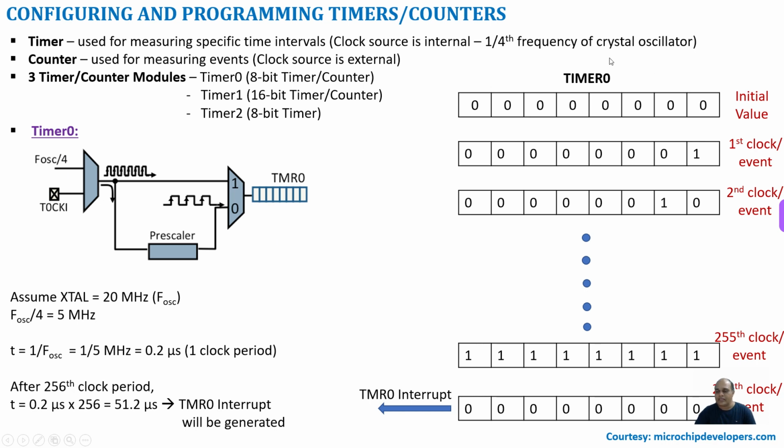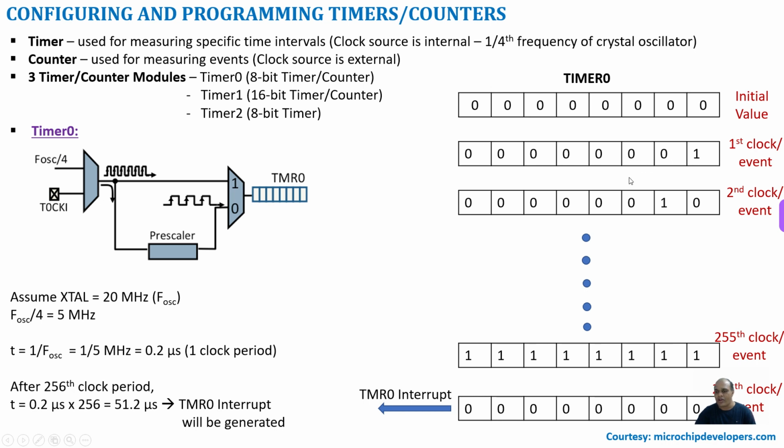Let us consider a simple example. This is the timer 0 register, an 8-bit register. We can load a value onto this timer 0 register. Let us assume I am going to put 8 zeros into this timer 0 register. When the first clock pulse comes, the value will get incremented to 1, or 00000001.